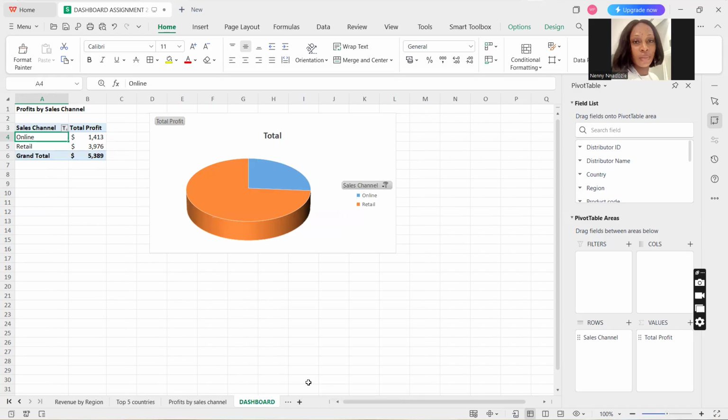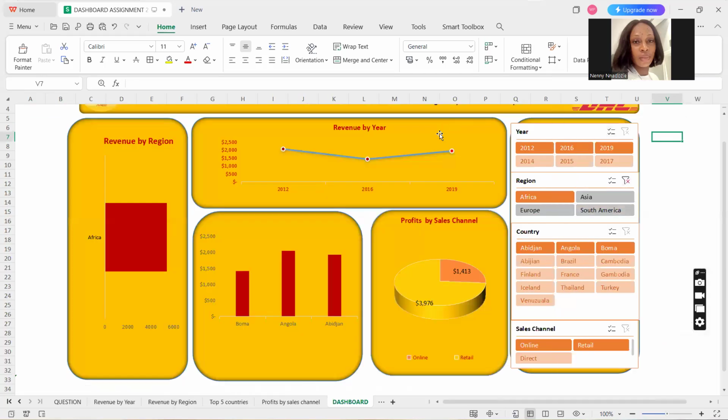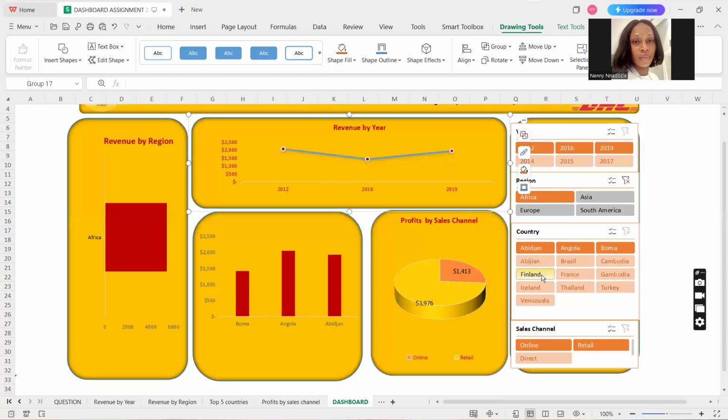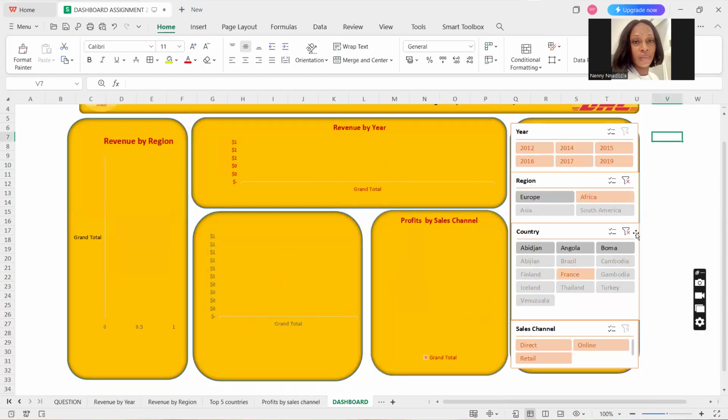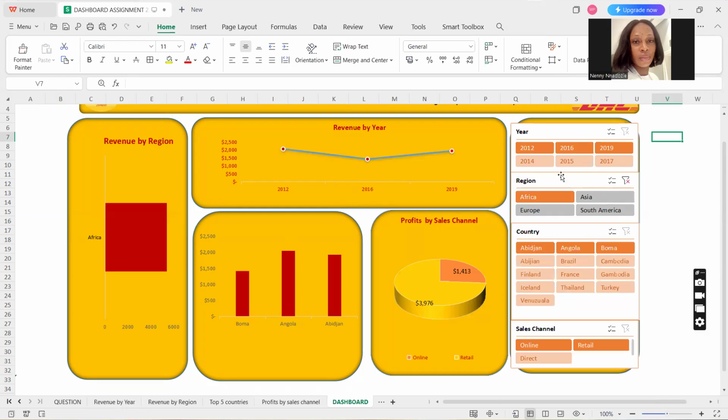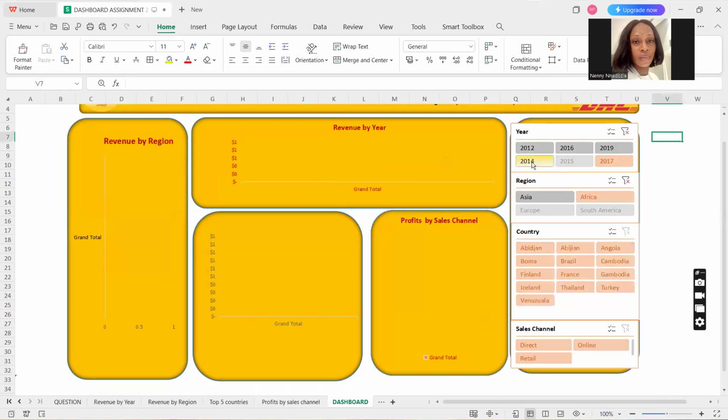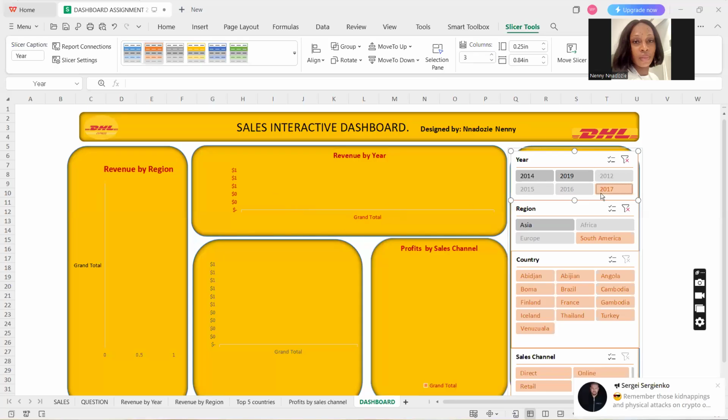In the dashboard. Okay, so let's continue. So this was what I was sharing.